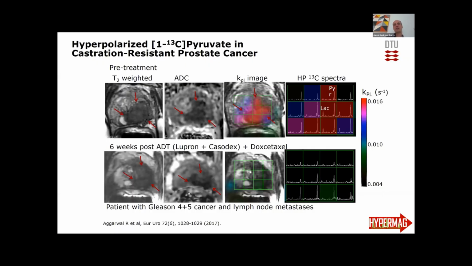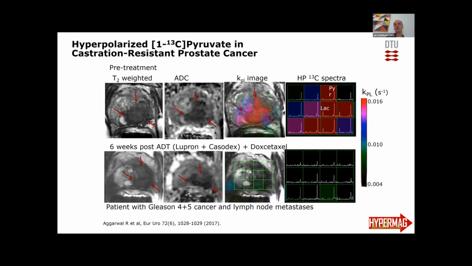In this example, a patient was castrated with hormone therapy, and after the treatment with the chemotherapy and the androgen deprivation therapy, the lactate signal completely disappears. It's a very nice demonstration that we are able to pick up responders from non-responders, and you can see that this patient actually responded to the treatment.